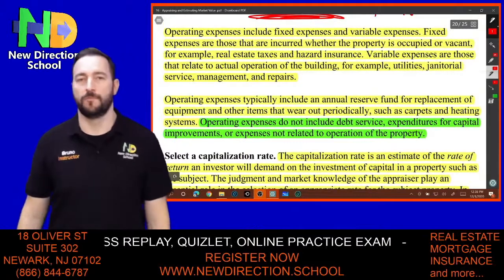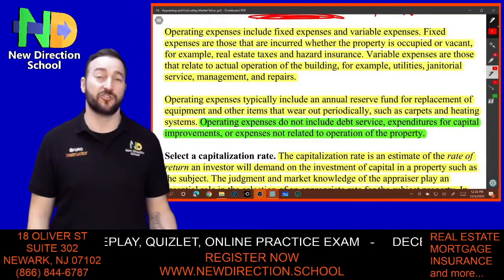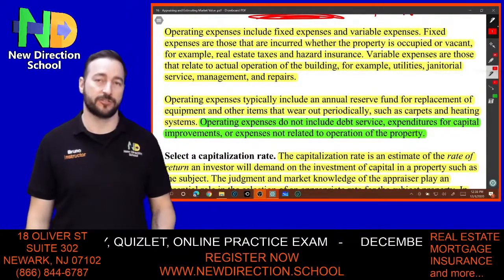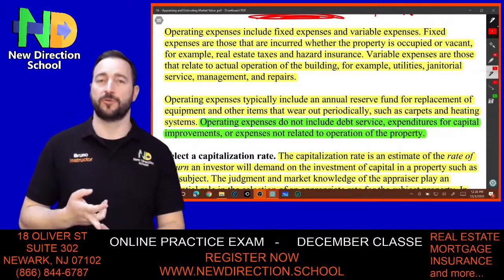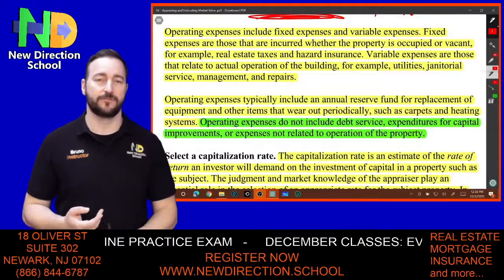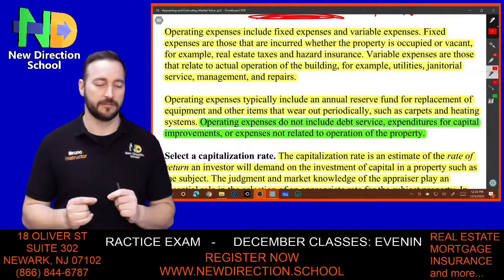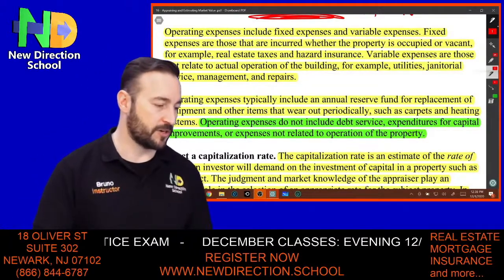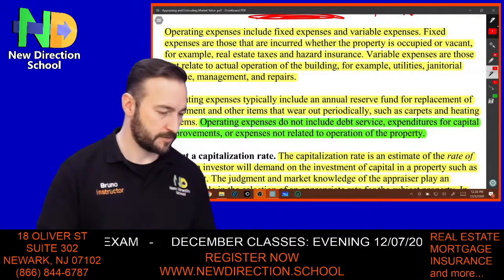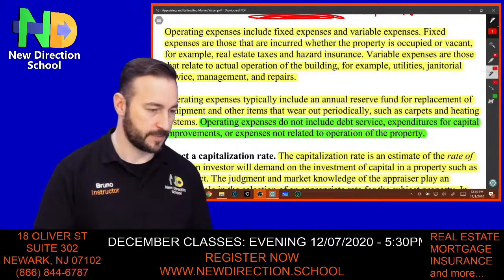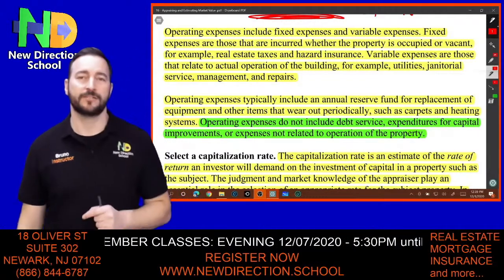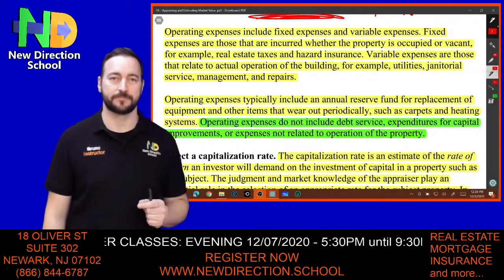Now, what are these expenses? The expenses are the cost of operation, so the cost of keeping the lights on, right? So we're talking about utilities, employees, taxes, right? But we are not talking about debt.